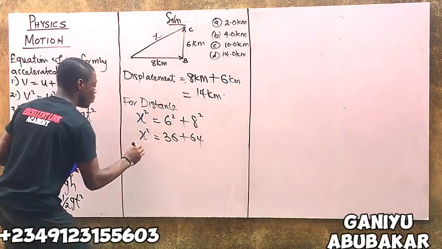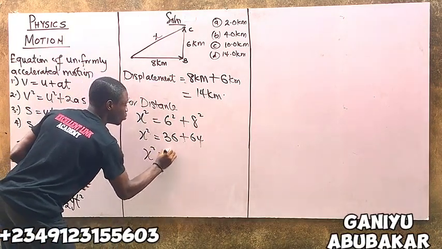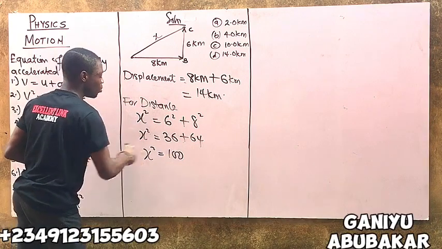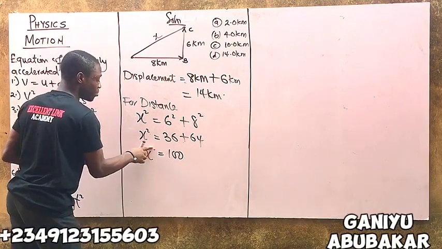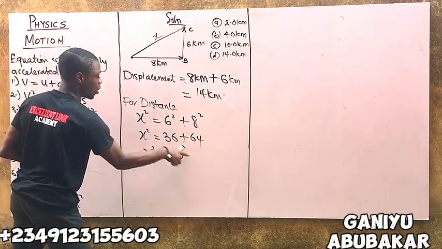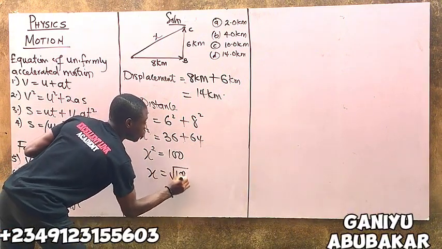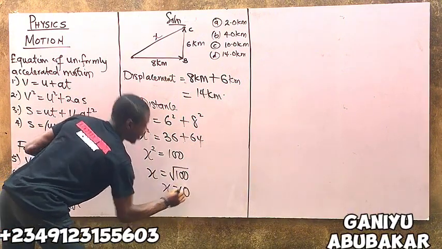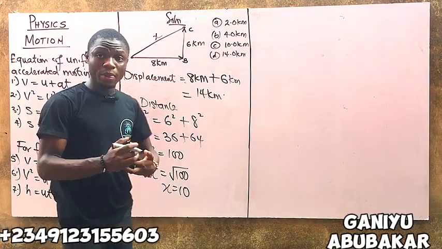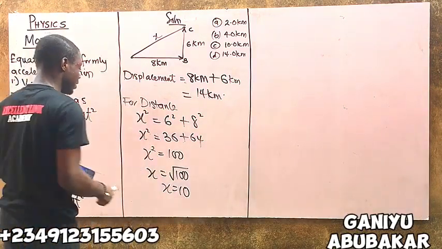If I sum them, I'll have that x squared is equal to 100. Take the square root, so x is equal to square root of 100. So x is equal to 10. So it means that my distance here is 10.